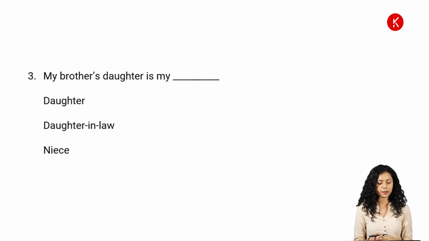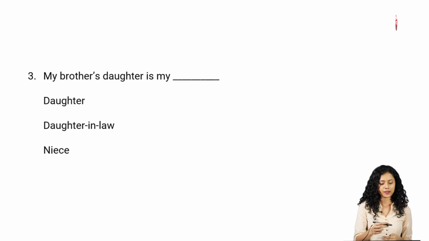The next one, my brother's daughter is my blank. Now we learned this when we spoke about Harry and Charlotte. Who is Charlotte to Harry? He is his brother's daughter. So your brother's daughter is your niece.